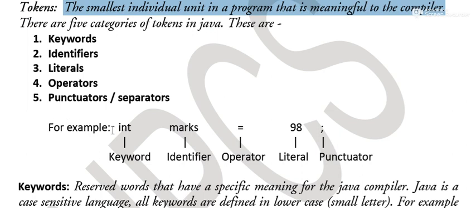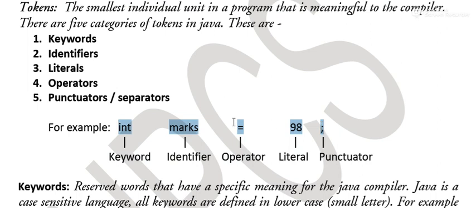For example, if we write a statement int marks equals to 98; here each selected unit is a token. Int is a keyword because it is the reserved word.